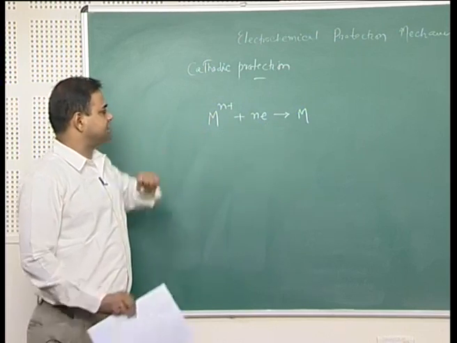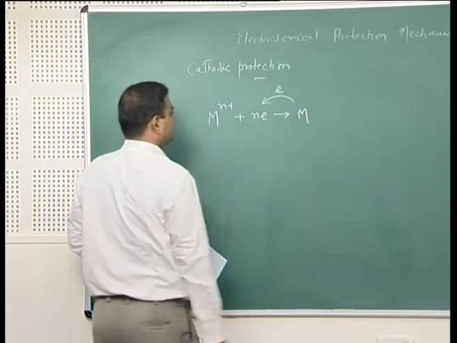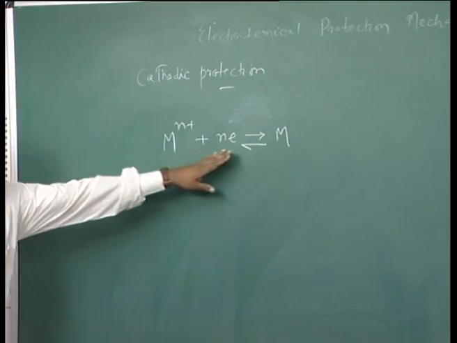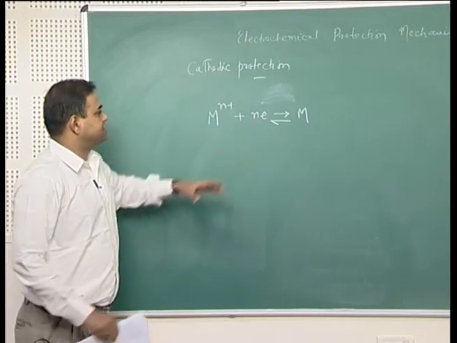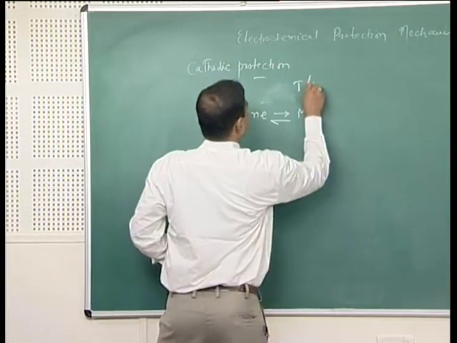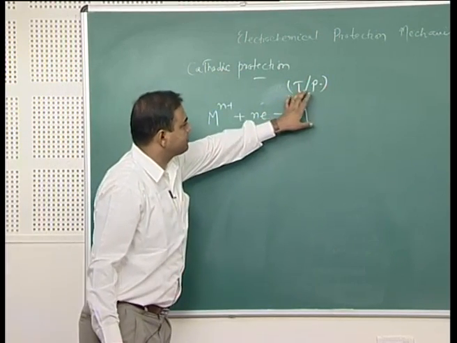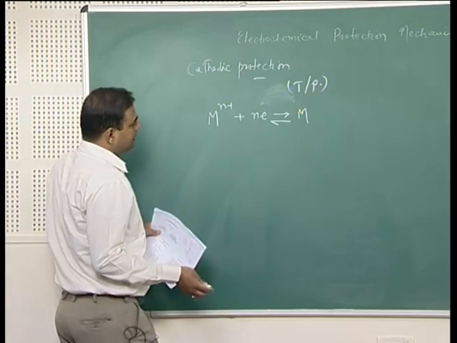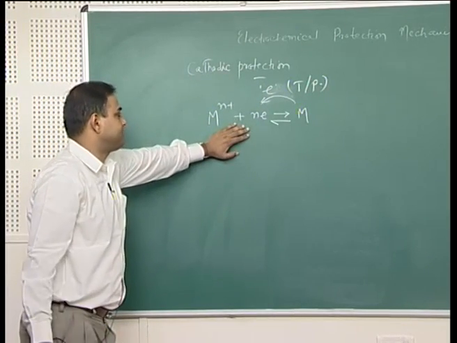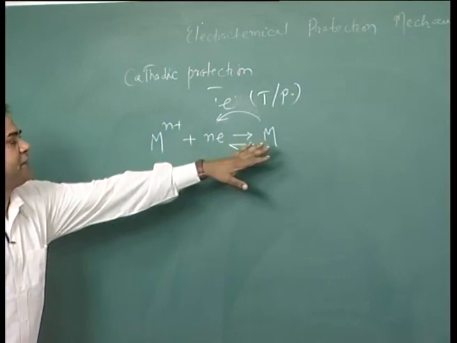Now, in this reaction, before supplying electrons, let us say this has reached equilibrium, where the cathodic reaction is the forward reaction and the anodic reaction is the backward reaction, at constant temperature T and pressure P. So, without changing the temperature and pressure, if we supply extra electrons from outside to the left hand side of this reaction, the equilibrium will be broken and it will reach a different equilibrium state.